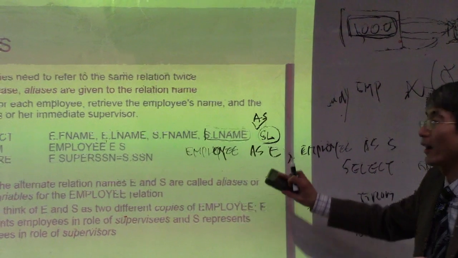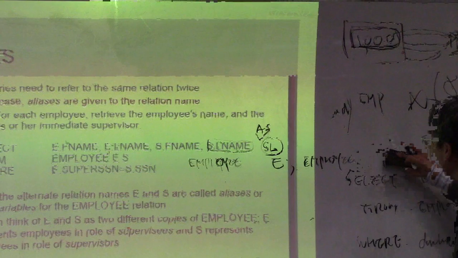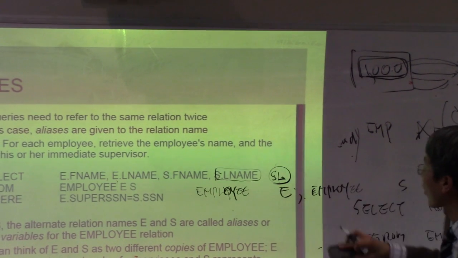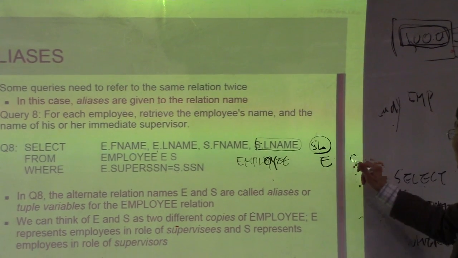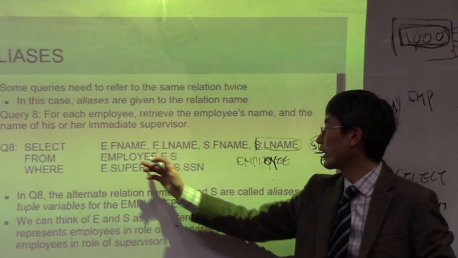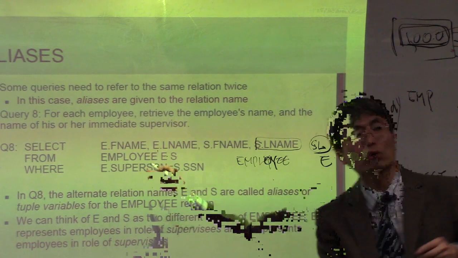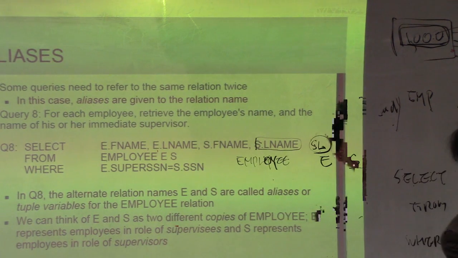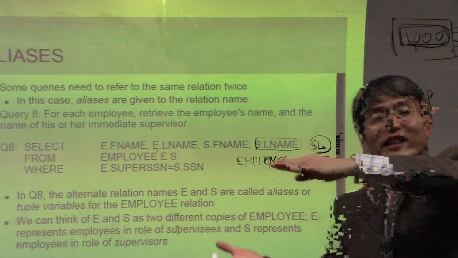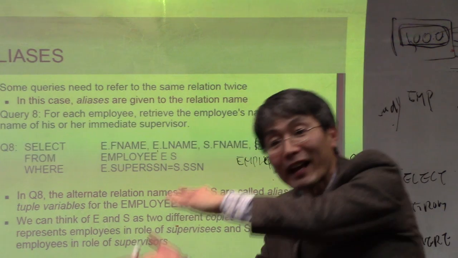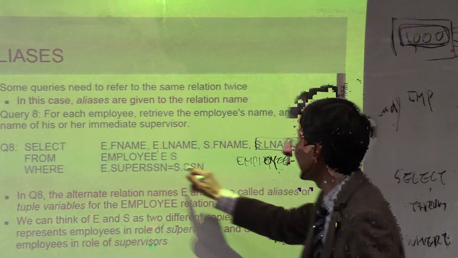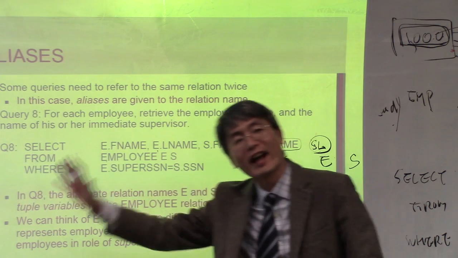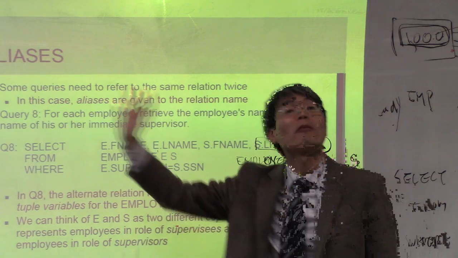But database programmers and administrators are very lazy. We do not use the AS. Also, it's the same employee, so why don't we combine into ES? So employee ES means we are going to use the employee for two tables. One is E, another one is S. E is used for employee, S is used for supervisor.